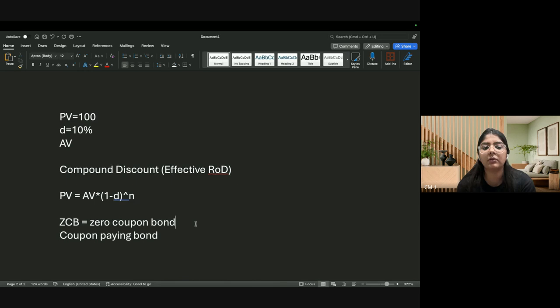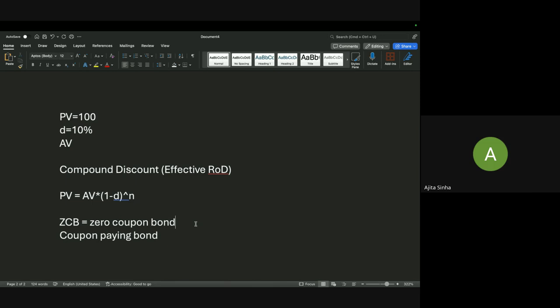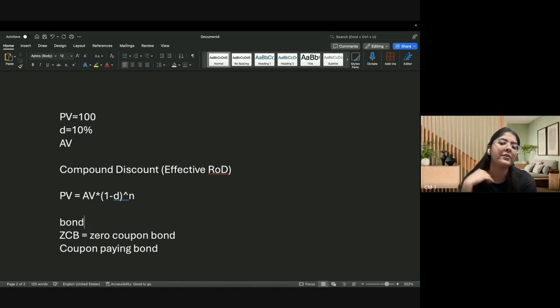In that case, what will happen in case of a coupon paying bond then? There also it will be a negative cash flow once you are purchasing, and then when you are receiving it will be a positive cash flow, right?